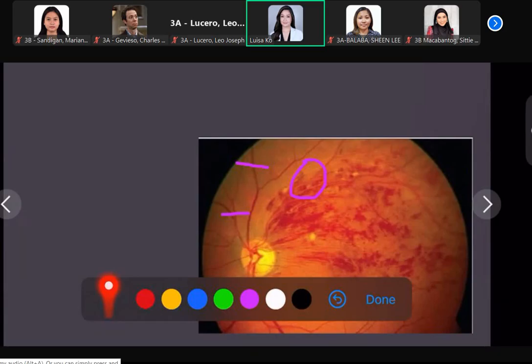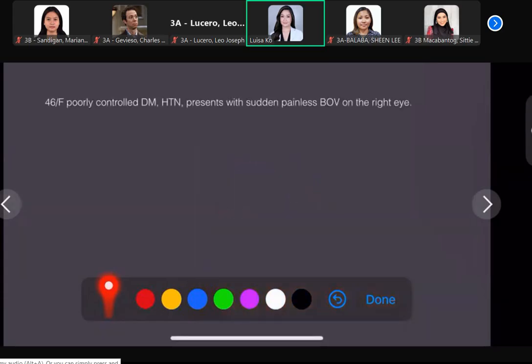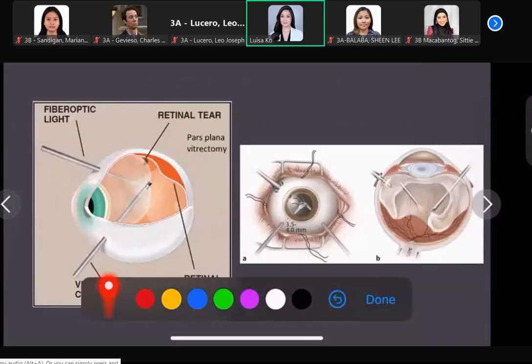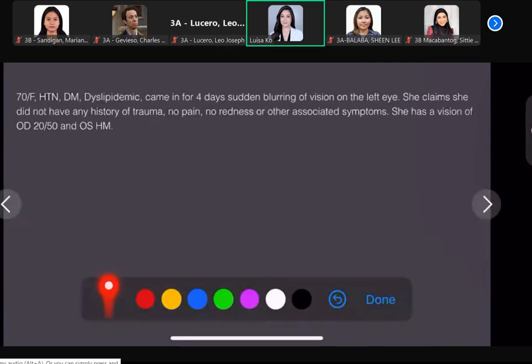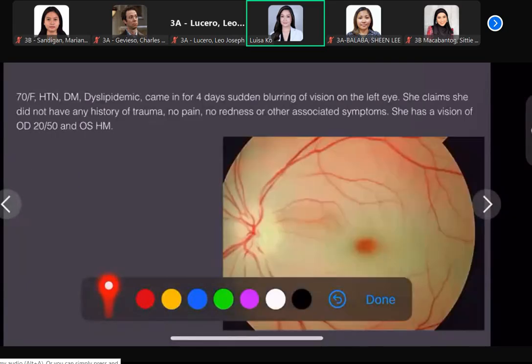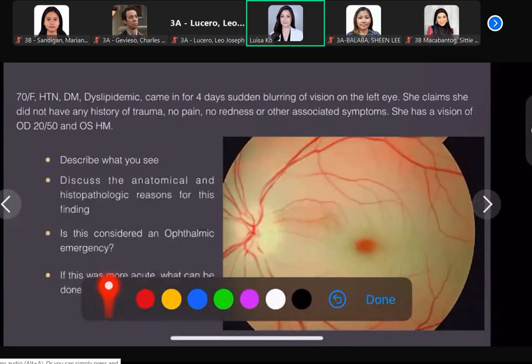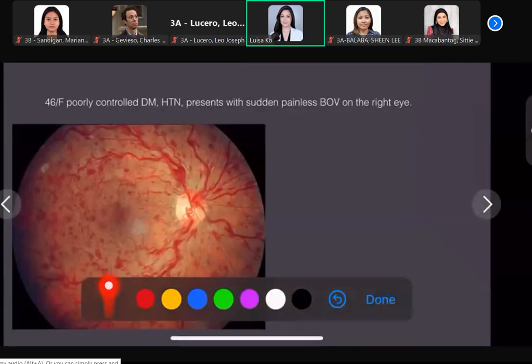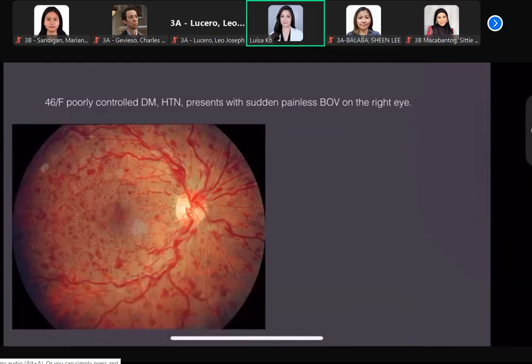So that is why when we looked at, let's go back to CRAO. Wait, let me see if I have a nicer picture for you. Let's do CRVO. So in a CRVO, the problem is drainage.